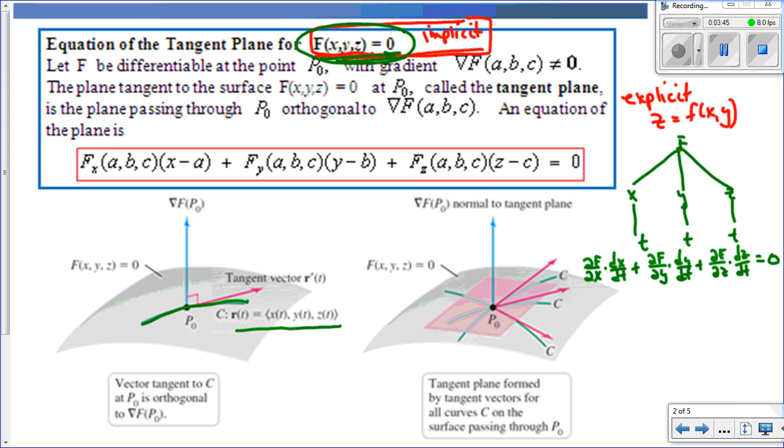Now I can rewrite that as a dot product.